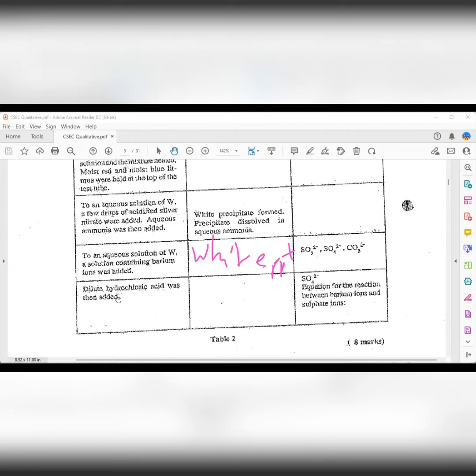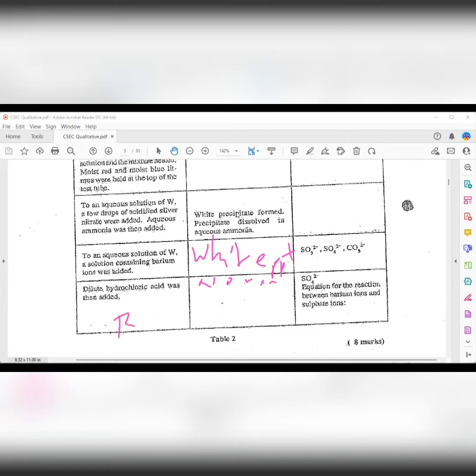Okay, it says dilute hydrochloric acid was then added. So you add dilute hydrochloric acid to this solution. There's no observation, but they say sulfate is present. So if sulfate is present, equation for the reaction between barium ions and sulfate ions. If sulfate is present, then what you're going to get is no reaction, first of all. And then they want you to write the reaction between the barium and the sulfate ions.